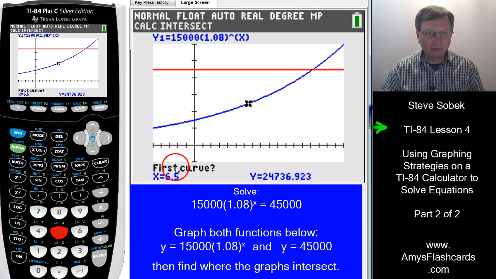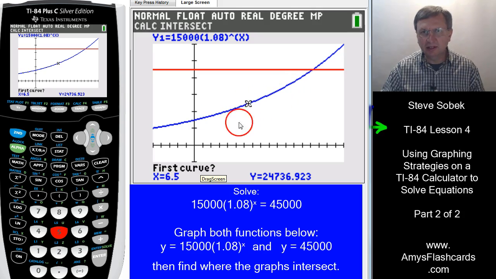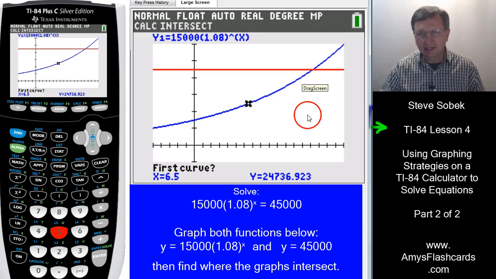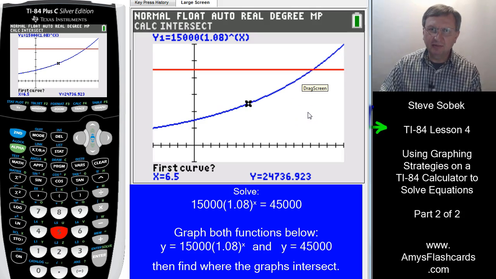All right, notice the first prompt is, is that the first curve? It's blinking on one of the two functions, and it's asking, is that one of the curves that you want to find the intersection of? You see, it's potentially possible that you have 4 or 5 different functions graphed at the same time, and it wants to make sure that it's going to be using the appropriate two functions for finding the point of intersection.